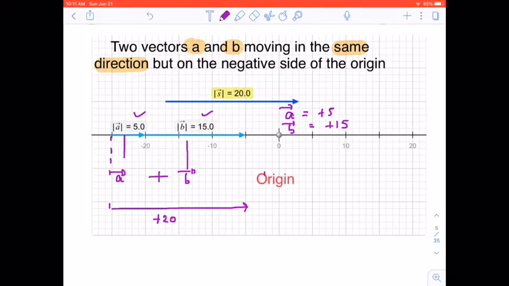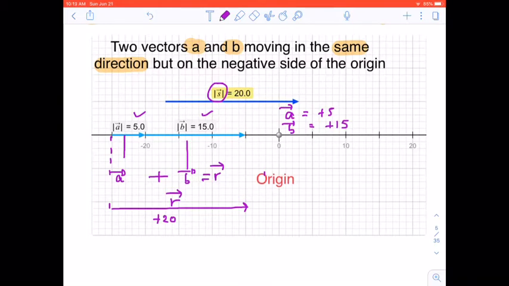That is a resultant vector which is given by that S there, which is the sum or the resultant. So A plus B is equal to plus 20. Now if we look at A plus B here, it is equal to vector R, and this is vector R.